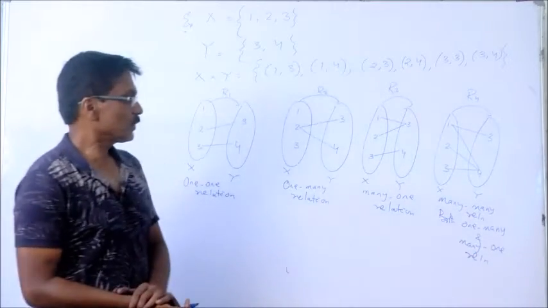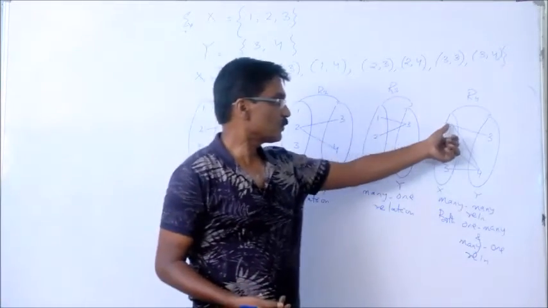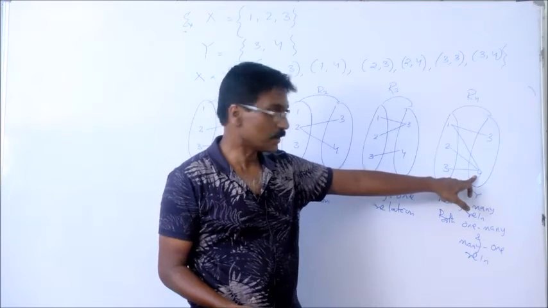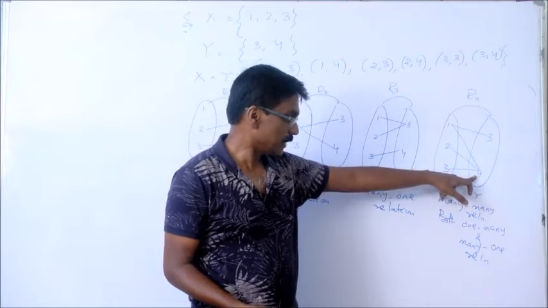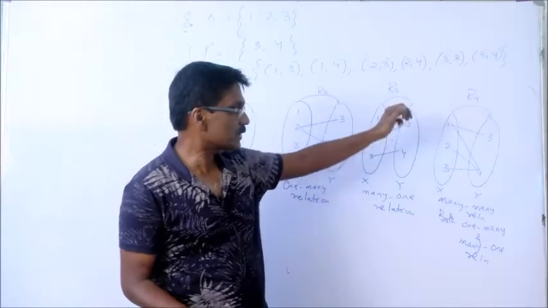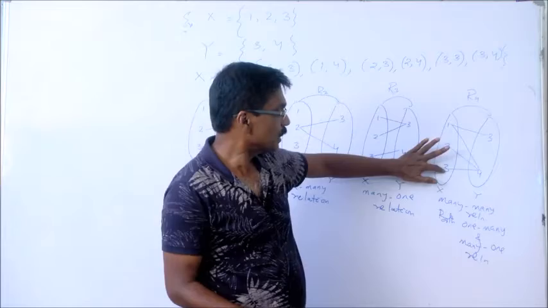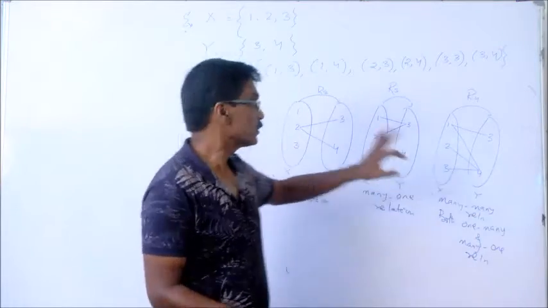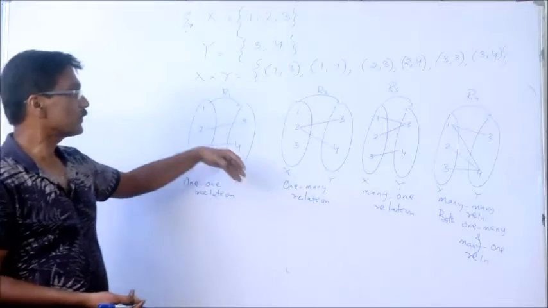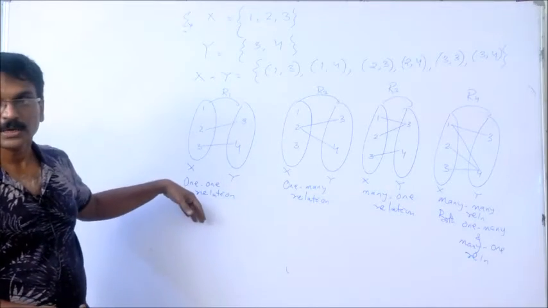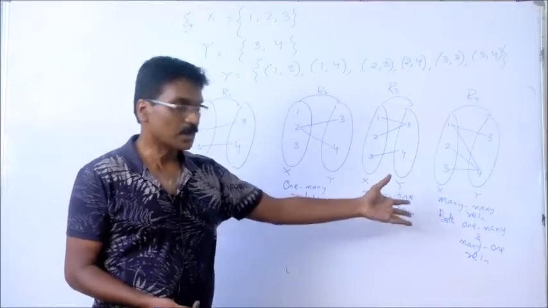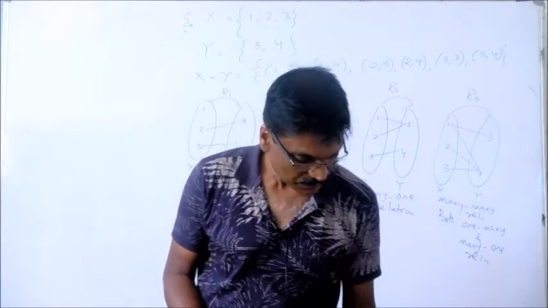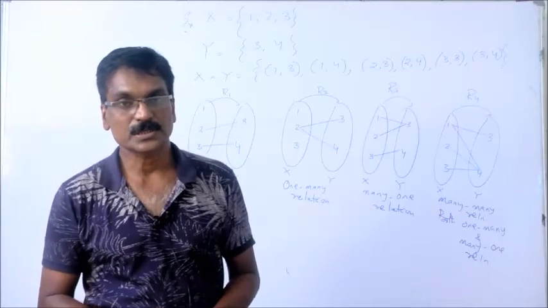It is one-many because 1 is related to 3 and 4. It is again many-one because 1, 2, 3 are related to 4. So, these are the different types of relations, that is one-one, one-many, many-one and many-many. So, this is all about relations.